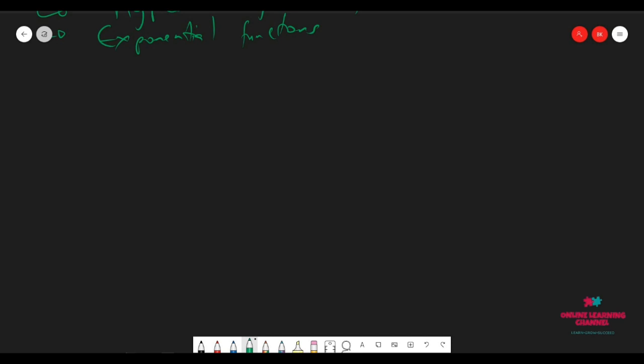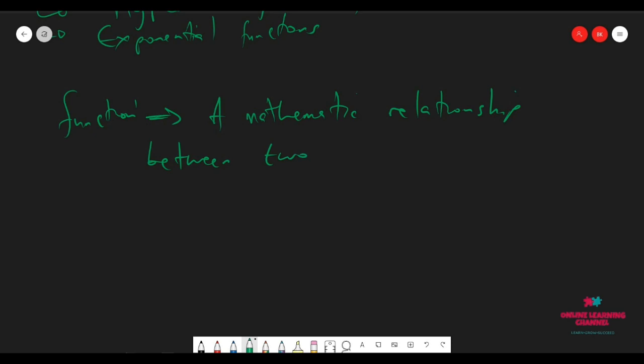So we're saying that a function is a mathematic relationship between two variables where every input has one output variable.